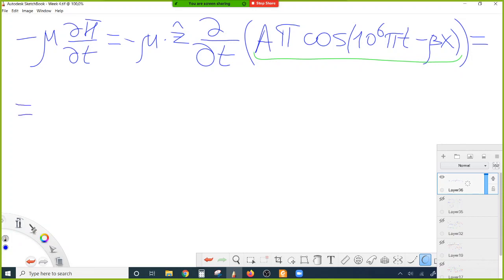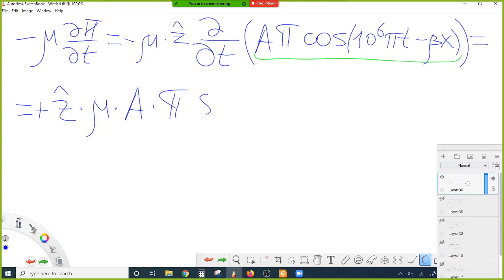The minus is present. Z multiplied by mu doesn't change. A multiplied by P are constants in terms of time, and the derivative of cosine is minus sine. This minus becomes plus.